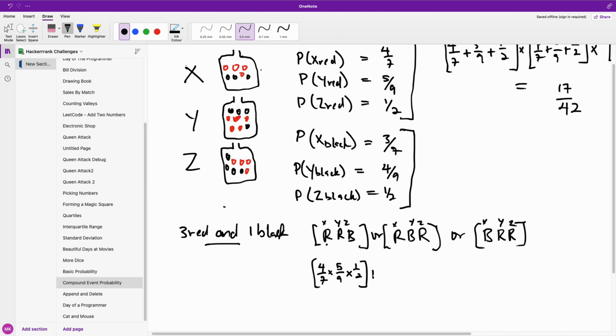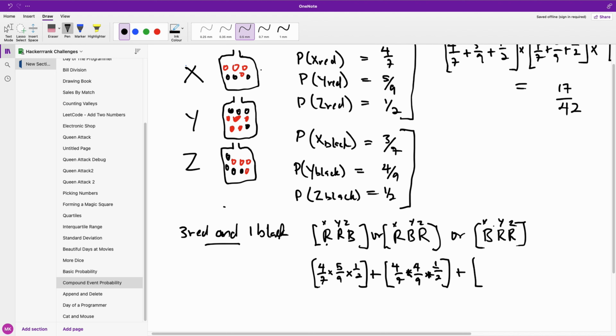And we are going to use OR, which is plus. The probability that a red ball is drawn from the first one is 4/7, times a black ball drawn from the second box, which is 4/9, times the probability that a red ball is drawn from the last one, in this case 1/2. It's going to be times and not plus because this is multiplication here.